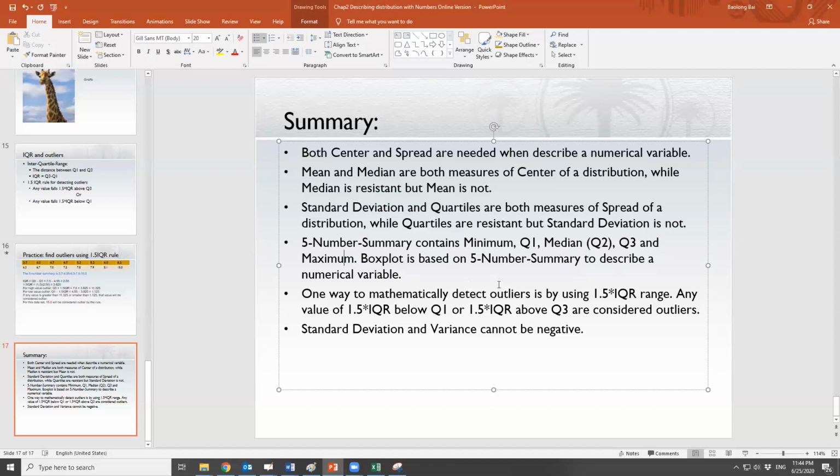The box plot gives you three cuts in the middle, median, Q1, and Q3, to cut the whole data set into four quarters, with 25% of the individuals in each quarter. And in a box plot, all outliers are identified by calculation, by the 1.5 IQR rule. So you need to understand what the 1.5 IQR rule is and how to calculate the thresholds to identify outliers. This concludes it.